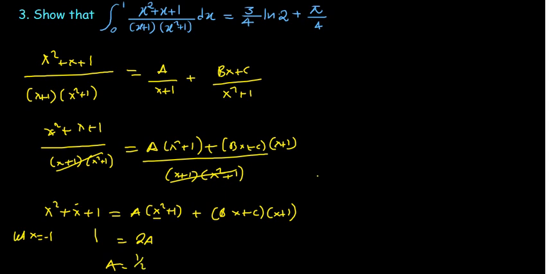Now, just from this stage which is here, I'm going to get x squared plus x plus 1 is equal to, we're going to distribute, that will be ax squared plus a, plus we distribute the bx plus c, that will be bx squared plus bx, and then plus cx, then plus c.